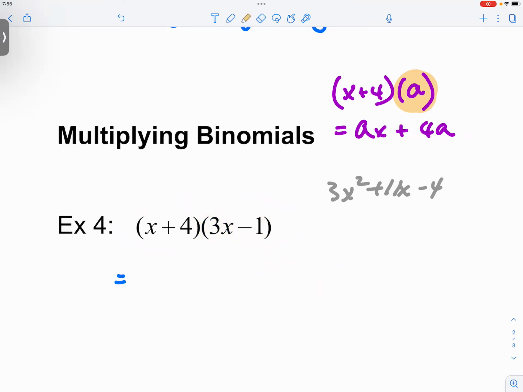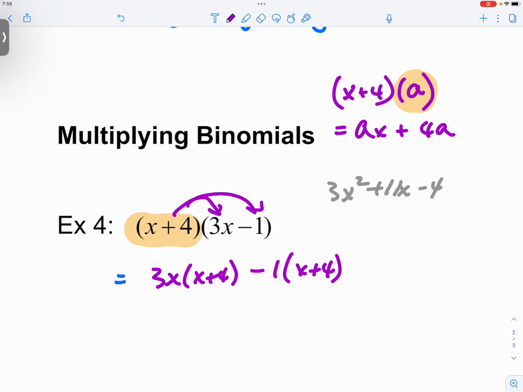You can also think about this as a single entity and distribute it right here. So you can say, all right, can I look at it this way? Sure. You will still get the same answer. Okay. So I'm offering you a few different ways to look at the same thing, but eventually, you have to do FOIL mentally like this.